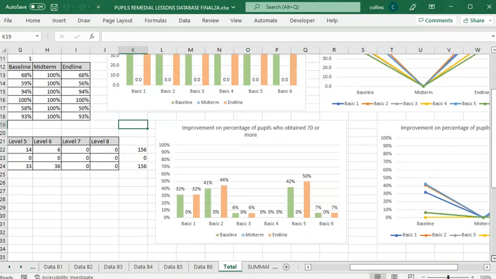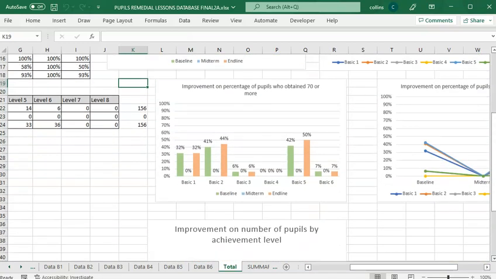Now, improvement in the number of pupils by achievement level. Was there any improvement in the number of pupils in each of the levels based on the achievement? Right, so this should give us the indication to that effect.